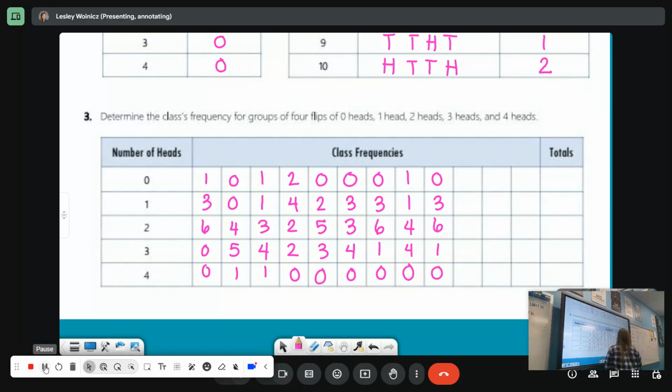Okay, well that's exciting. Anybody else? 1, 2, 4, 3, 0. Am I missing anybody? 1, 3, 5, 4, 0. Okay, I got room for one more. Cooper, what'd you get? 0, 5, 3, 2, 0.